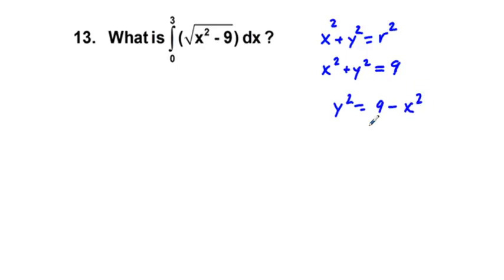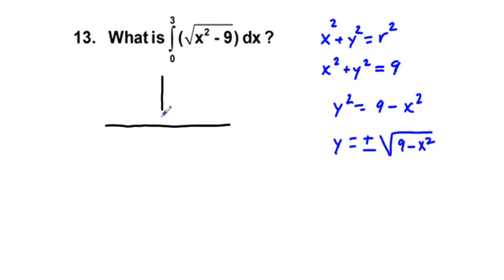And if we take the square root of both sides, we have y is equal to the square root of the quantity 9 minus x squared, but we have to go plus or minus here. But this is really the function of a circle, rather the top half of the circle. So what we're looking at here is a circle with radius of 3 right here.